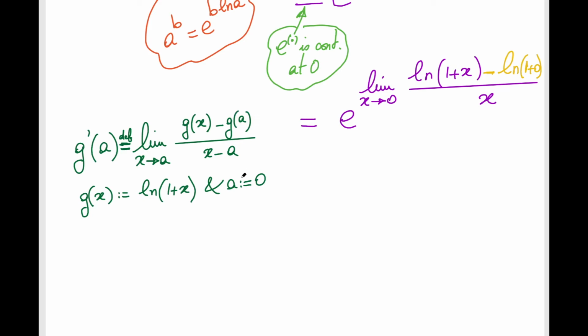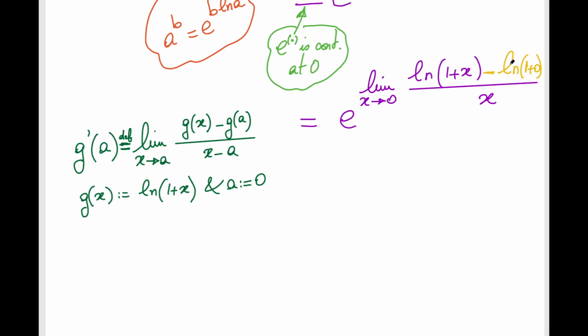What's g of a? g of a is ln of 1 plus 0, correct? Divided by x minus 0. What's x minus 0? x minus 0 is x. Why did I introduce this term without paying any price? At the end of the day, it's ln of 1, and ln of 1 is 0, so that is 0.